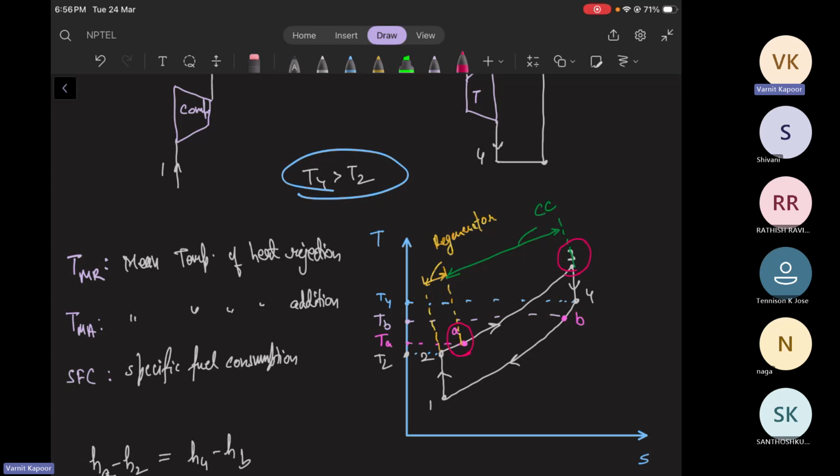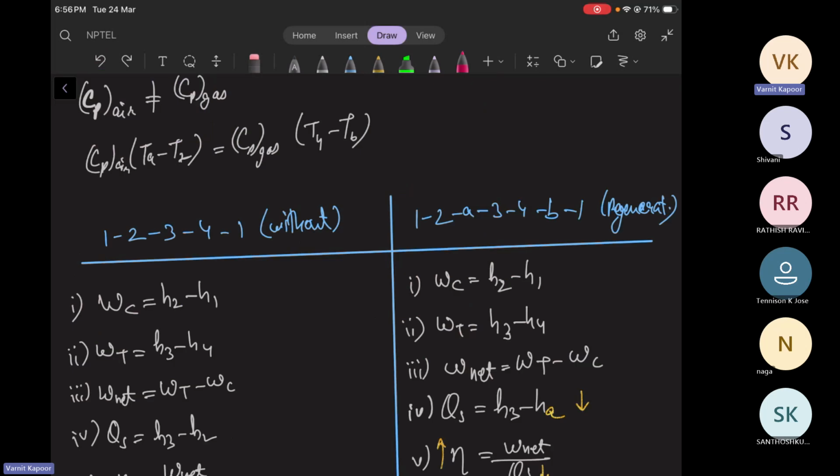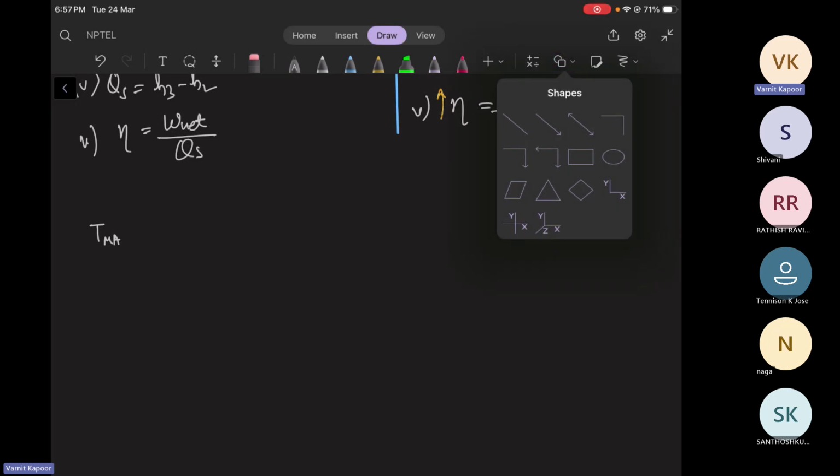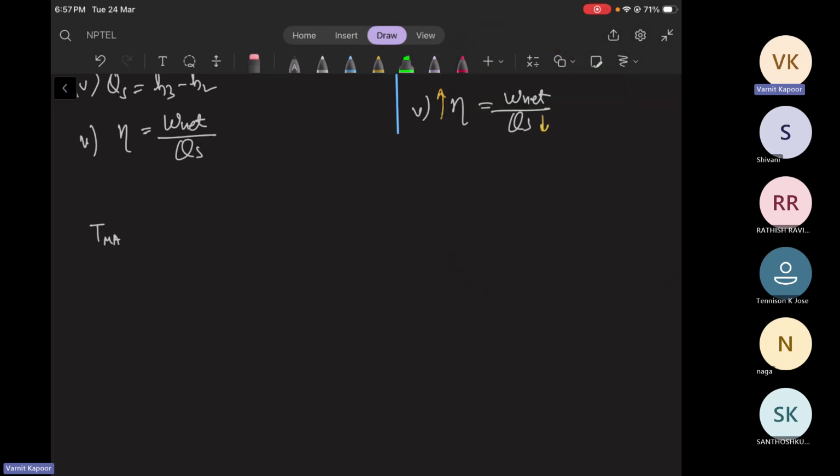Earlier your mean temperature of heat addition was 300. Now it has increased to 350. So eventually your mean temperature of heat addition rises. I'll just clean the table till here.